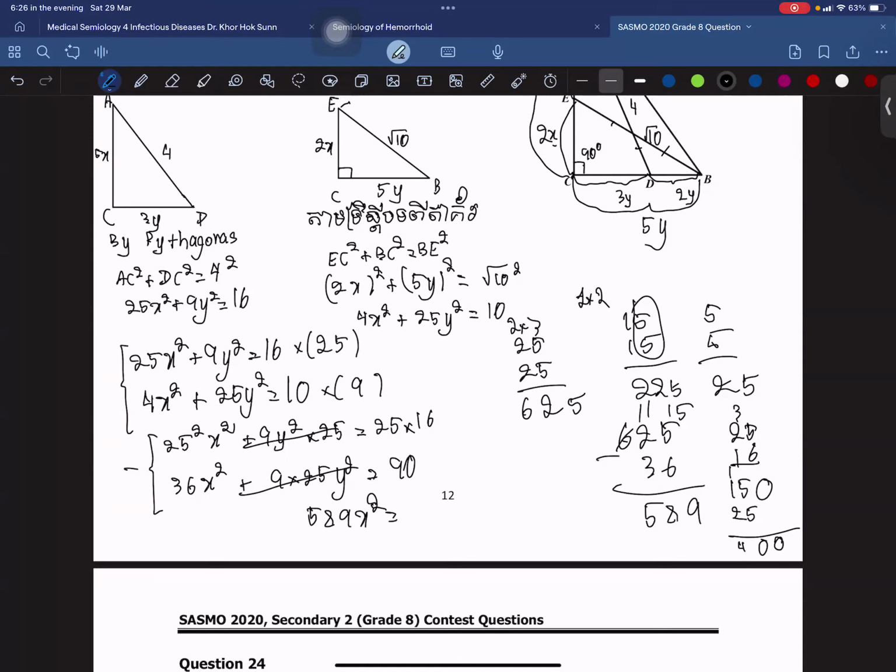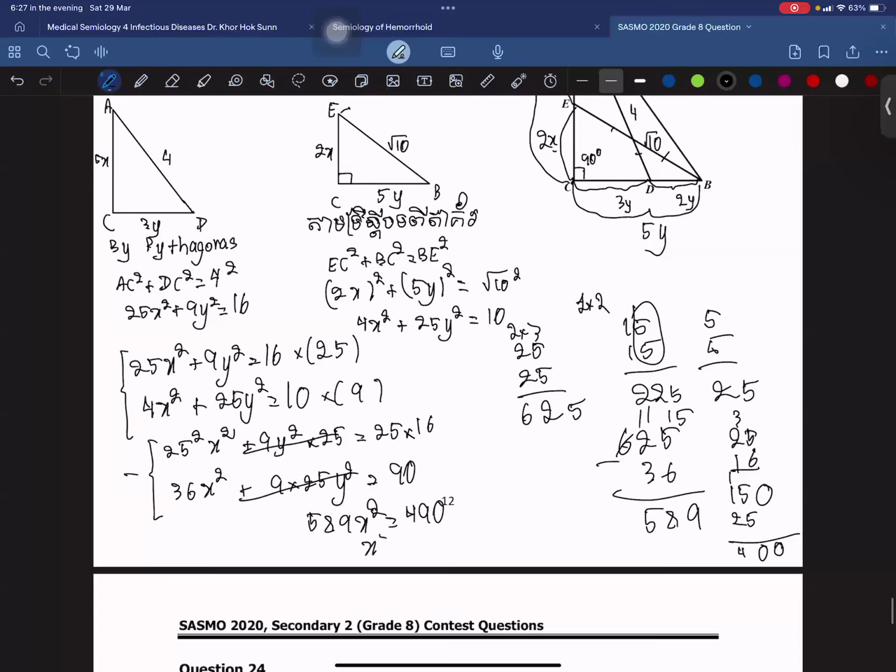So what do we have to do next? 140 over 589. I already calculated, so I'm gonna put the answer in. What if we just do this?